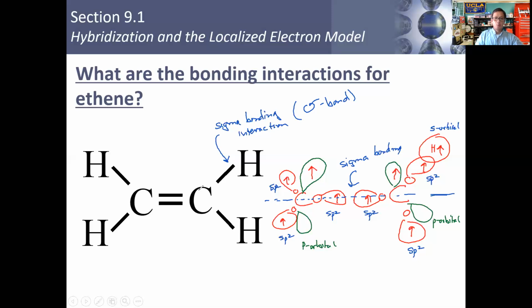That means one of the bonds of that double bond, and I'm just going to arbitrarily choose this bottom one here, is a sigma bond. Okay, so this is a sigma bond. This is a sigma bond. This is a sigma bond. So all the bonds between the carbon and the hydrogens will be sigma bonds. This double bond here, one bond of that double bond will be the sigma interaction.